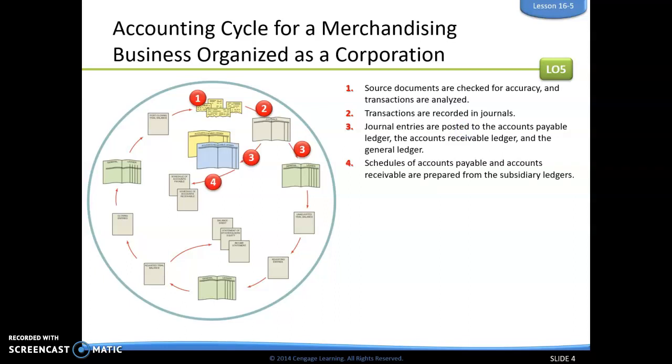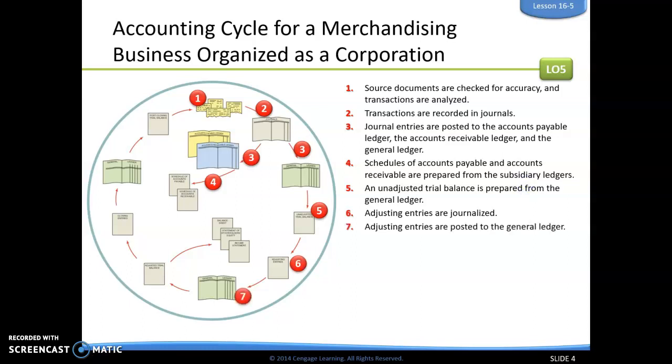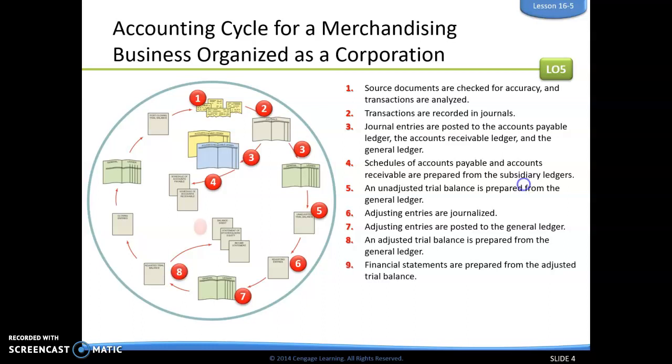Number four, we're going to prepare a schedule of accounts payable and accounts receivable from our subsidiary ledgers. Number five, we're going to prepare an unadjusted trial balance. Number six, we're going to journalize our adjusting entries. Number seven, we're going to post our adjusting entries. Number eight, we're going to prepare an adjusted trial balance.